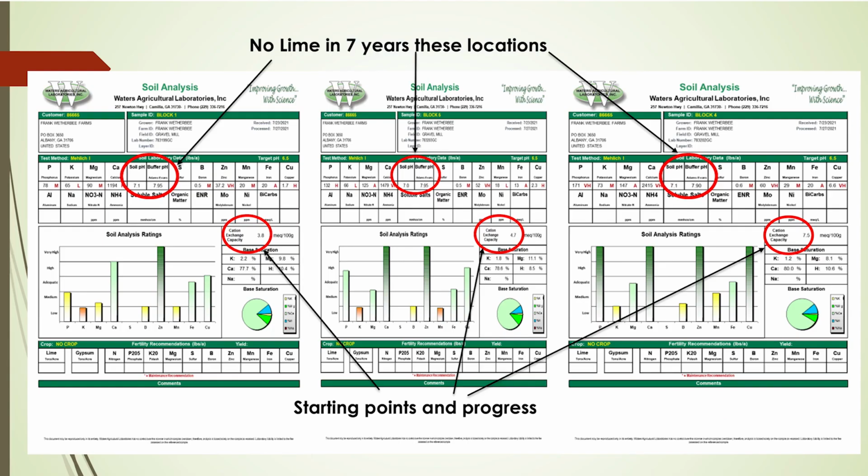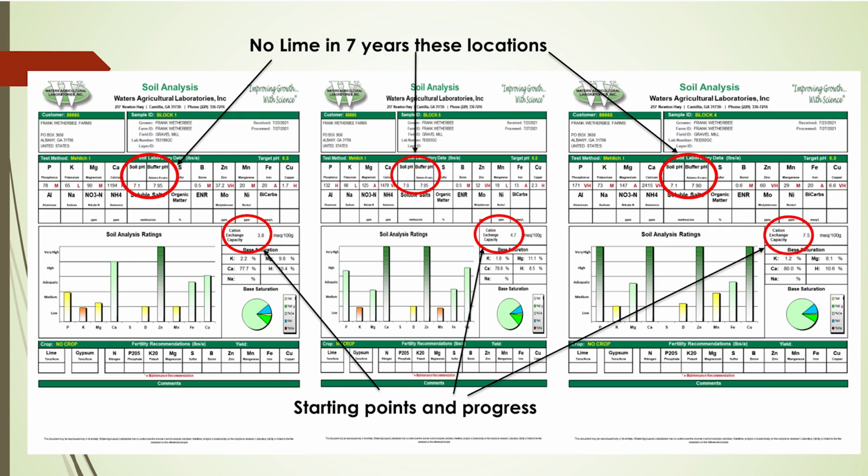So here is our soil analysis on, looks like Gravel Hill. There's been no lime in these locations in 7 years. Look at the soil pH. 7.1 with a buffer of 7.95 in the middle, 7.0, 7.1.